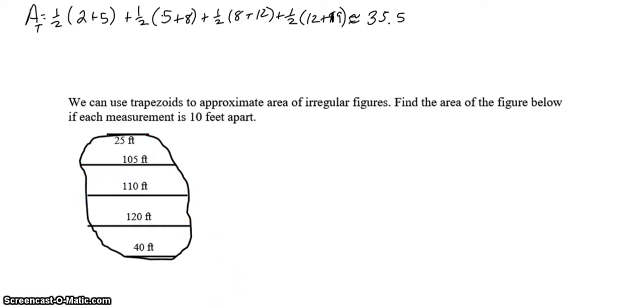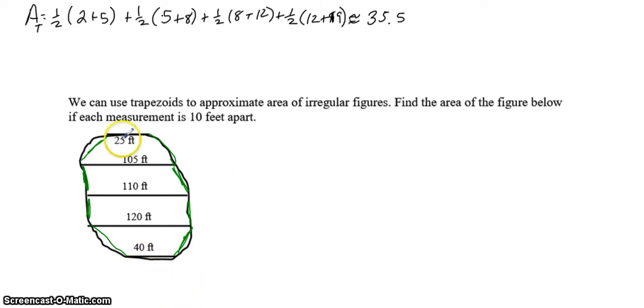If we use trapezoids, though, notice, in this one here, there may be a little bit more error, but you see how here, there's a lot less of the area that's either uncovered, not covered, or extra.